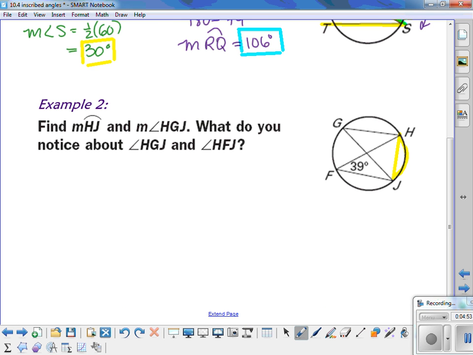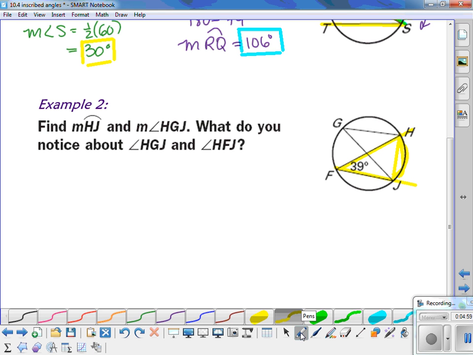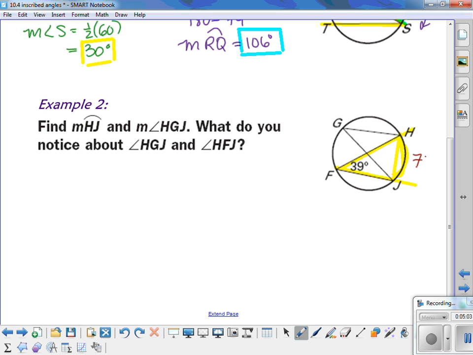And I notice that I've got an inscribed angle that's 39 degrees. So that means the measure of the arc would have to be twice that, or 78 degrees. So just writing that over here, the measure of arc HJ was 2 times 39, or 78.